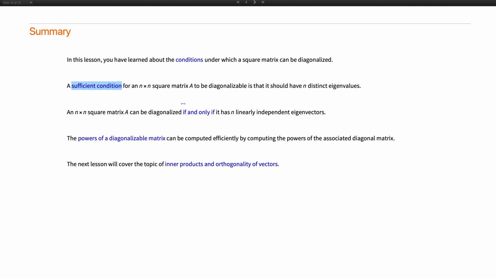Now, of course, that may not always happen, but the nicer condition is that you can diagonalize if and only if you have n linearly independent eigenvectors. So that's the much nicer condition for having a diagonalizable matrix. And finally, if you want to find the powers of such a matrix, you simply compute the powers of the associated diagonal matrix. That's a great simplification.